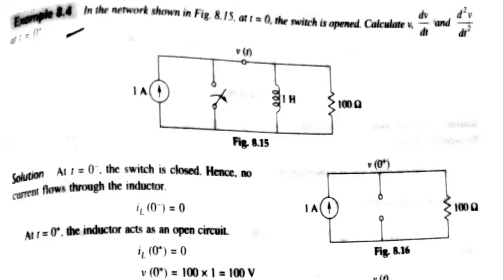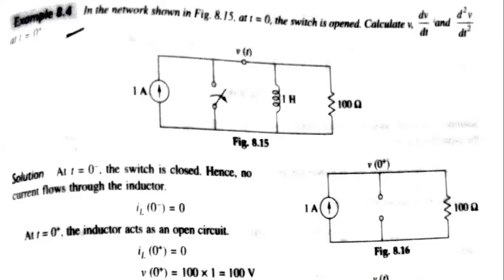So in the series we calculated the current, that is i, di by dt, and d square i by dt square. These three we calculated for before switching and after switching, that is the 0 minus as well as the 0 plus case, whenever t equals 0 minus or t equals 0 plus, i at 0 minus and i at 0 plus.